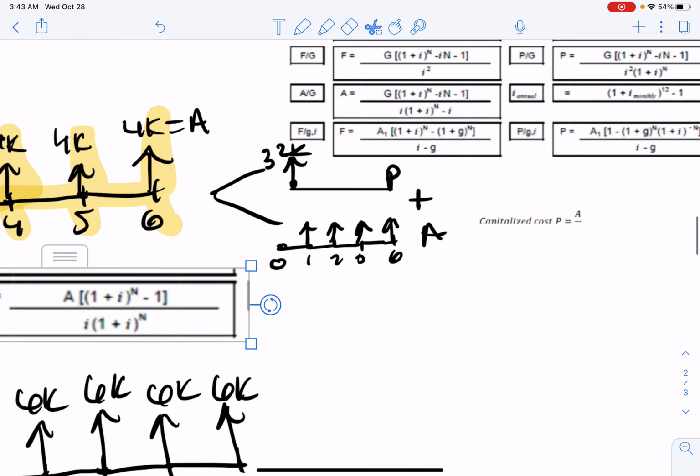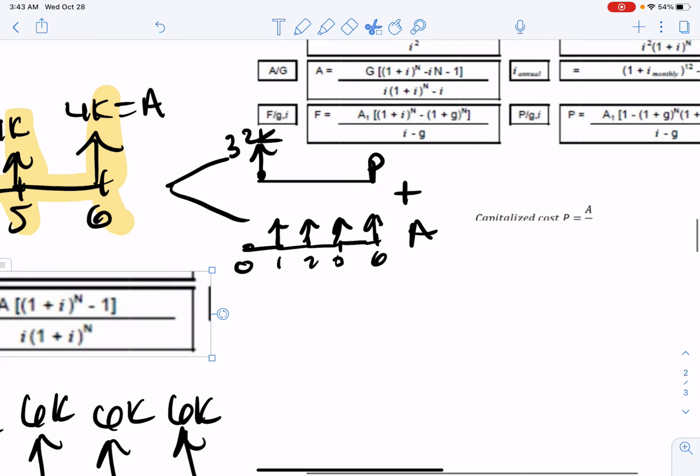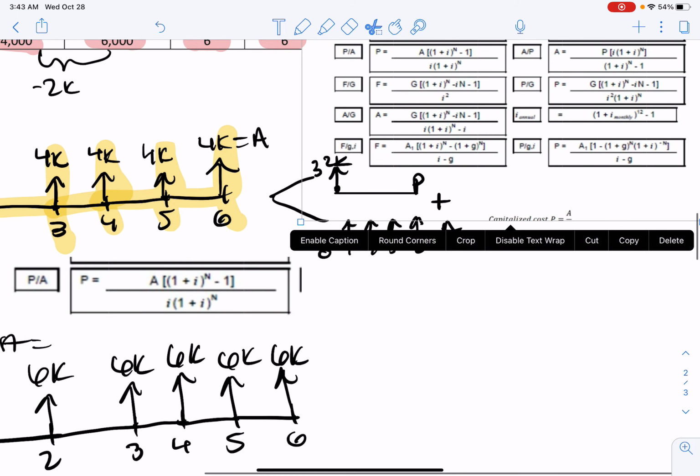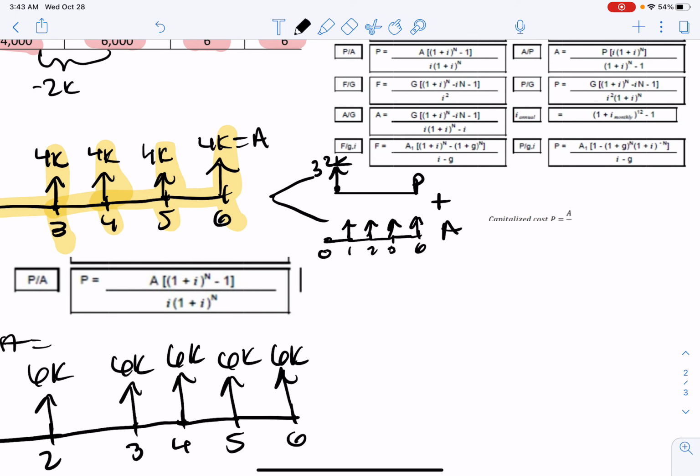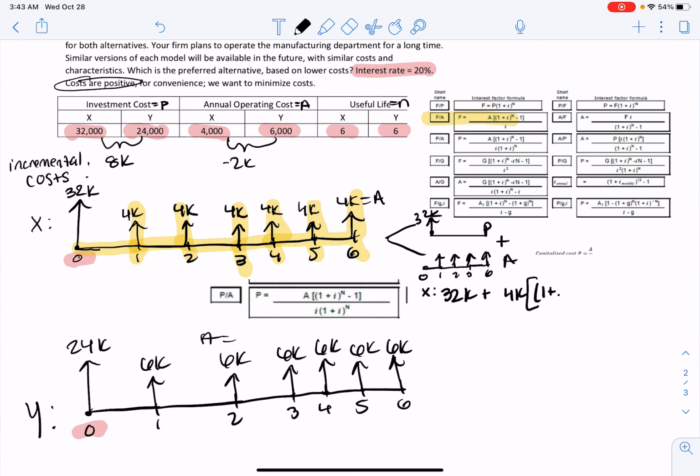So for our x, we've got our 32,000 plus, that's when we use our P given A. So our annual was 4,000 with 1 plus our interest rate in decimal form, which is just 0.2.